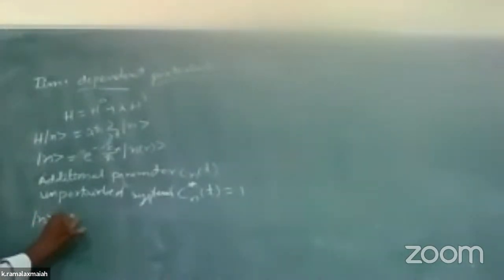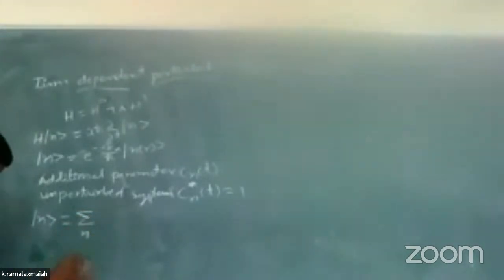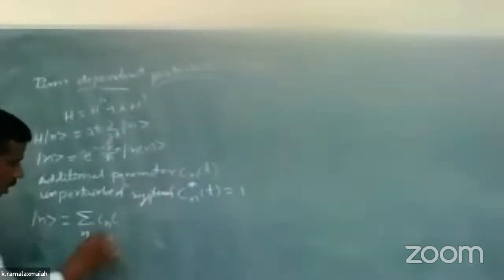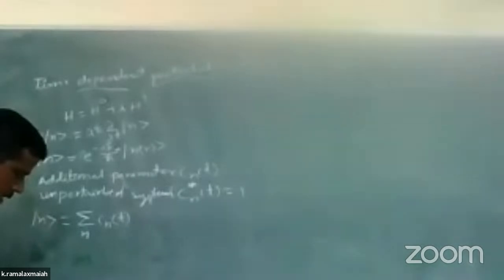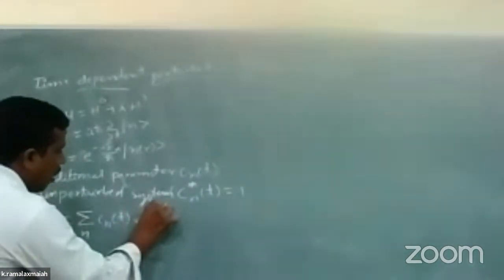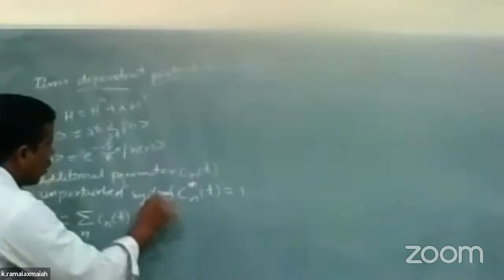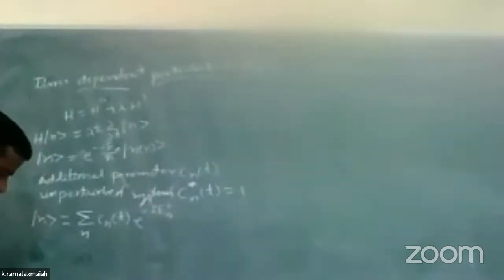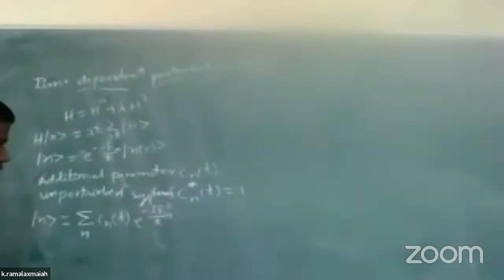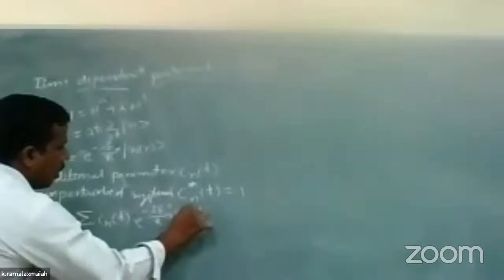Psi n is equal to summation over n of Cn of t e power of minus i E n naught t by h cut, psi n naught.